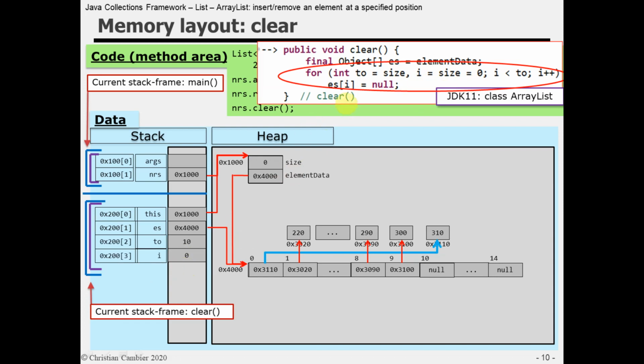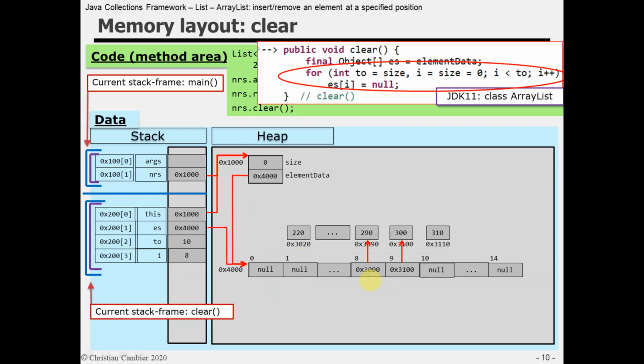Then look at the for loop. What does it do? Well, all elements in the array will receive null. Let's do that with the first iteration. So es index i, this array index i, this first position will receive null. For the second iteration, i has 1, that element null, and so forth.